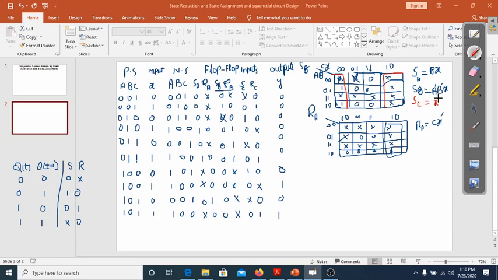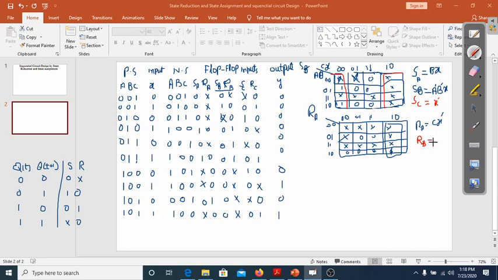And then again, in a similar fashion, you can solve for RB, the reset input for flip-flop B, which is equal to this output you will get.